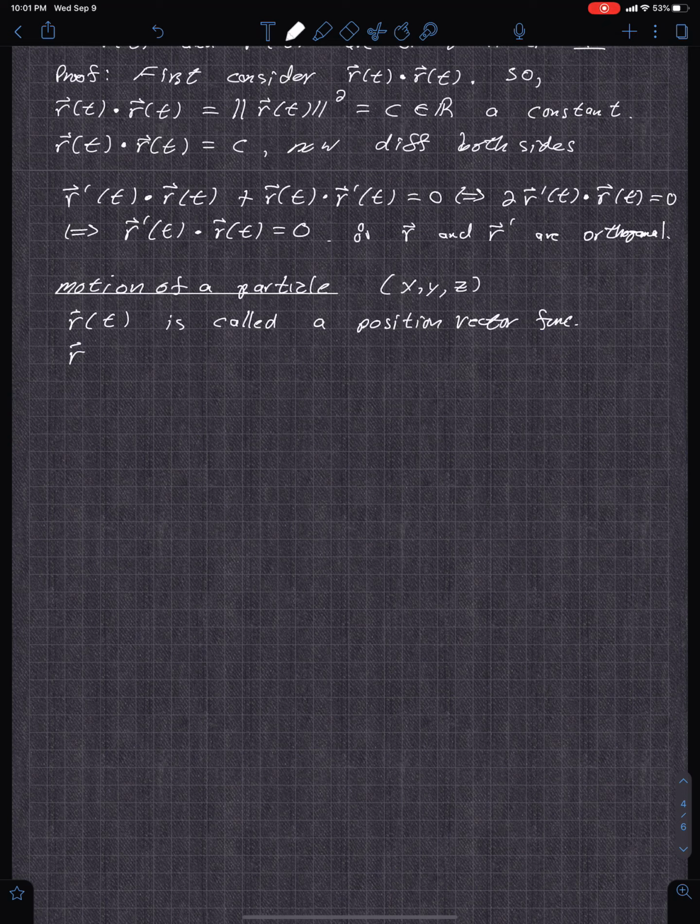Then, and this is where I'm going to just kind of roll along here, r prime of t is equal to v of t, the velocity, and then r double prime of t is v prime of t, which is the acceleration, a of t.